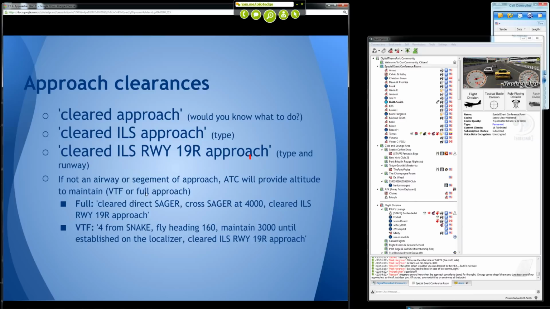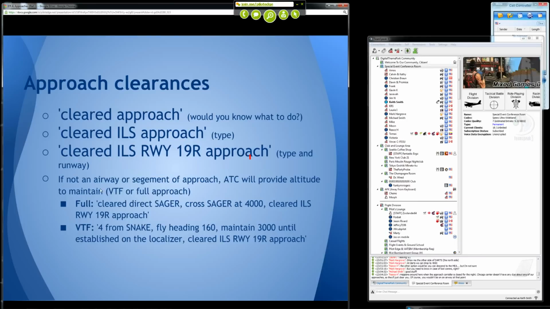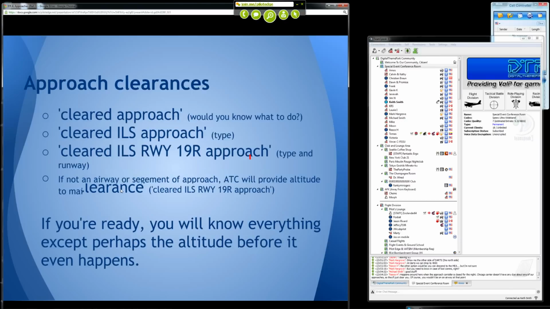That's not legal. It's not legal because if you are not on an airway or a segment of an approach at the time that you get cleared for an approach, then ATC will provide you an altitude to maintain until you're established on a segment of that approach. And so in the I-6 case, it would be something like cross Seal Beach. Let's use the full example right there.